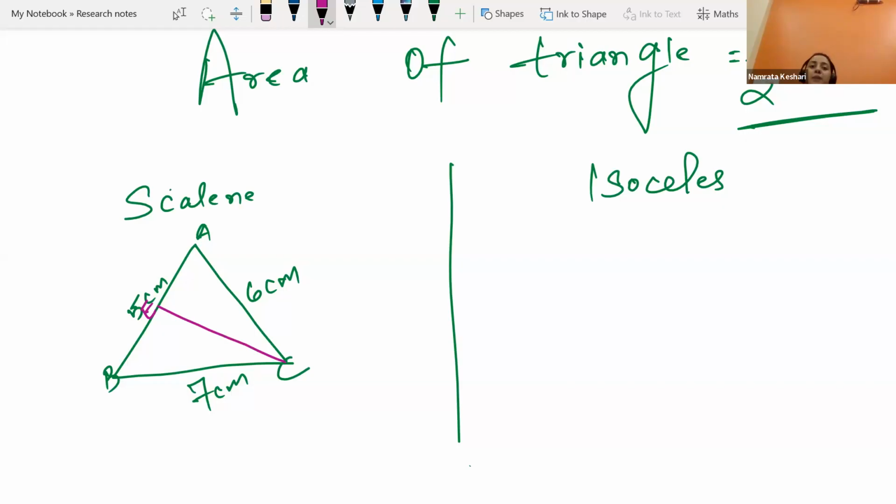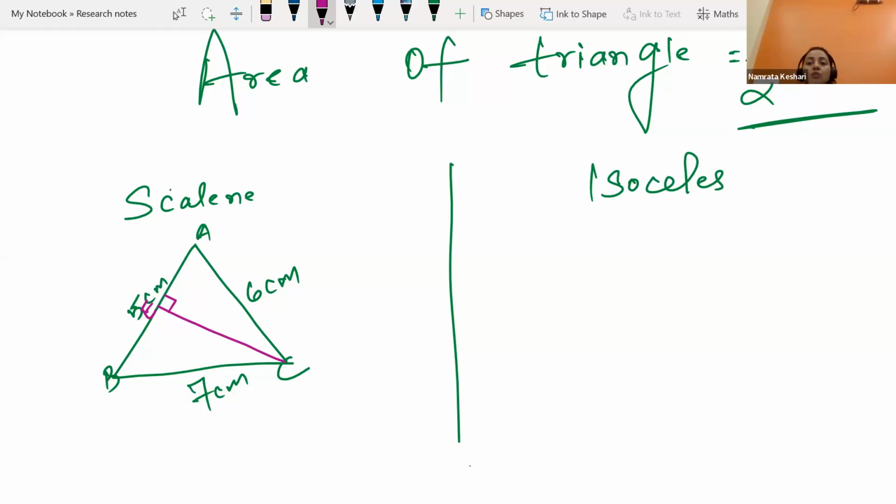So if I have dropped the perpendicular from the vertex C, we will call CE the height and AB the base of the triangle.